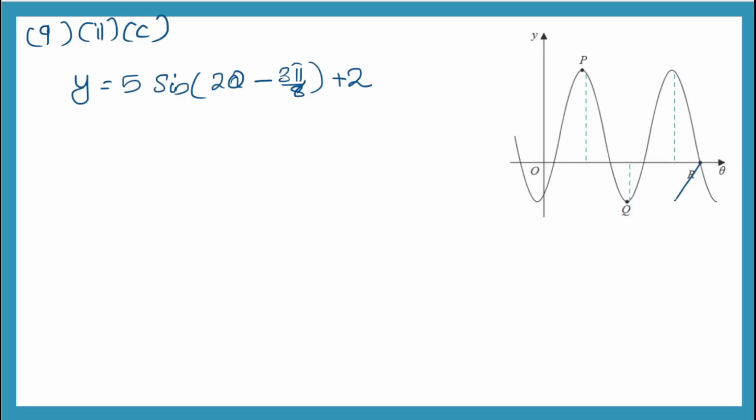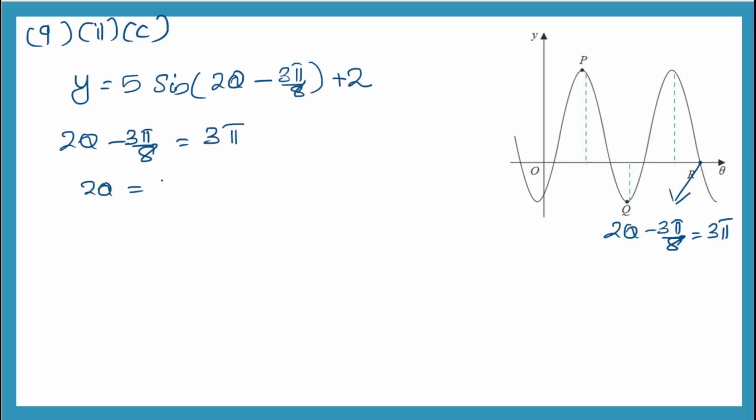Now at this point R, 2 theta minus 3 pi by 8 equals 3 pi. Now solve for theta. 2 theta equals 3 pi plus 3 pi by 8.